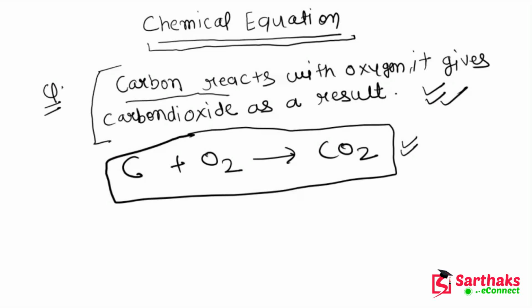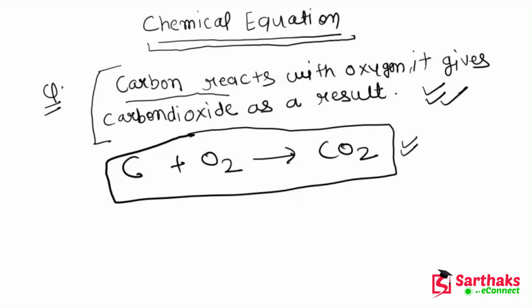Whoever sees this equation will understand that carbon is reacting with oxygen and giving carbon dioxide. To make it easier to write a chemical reaction, we write a chemical equation. This is the difference between a chemical reaction and an equation: a chemical equation is a representation of a chemical reaction.